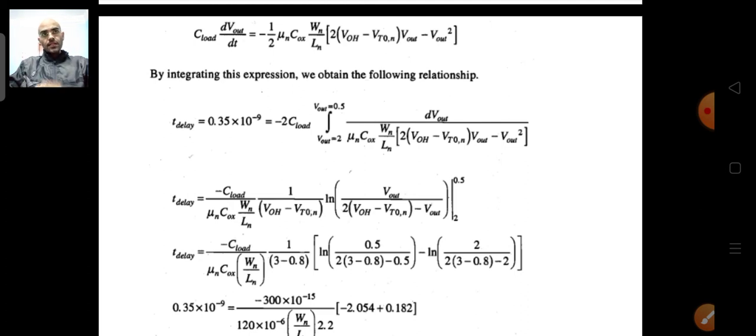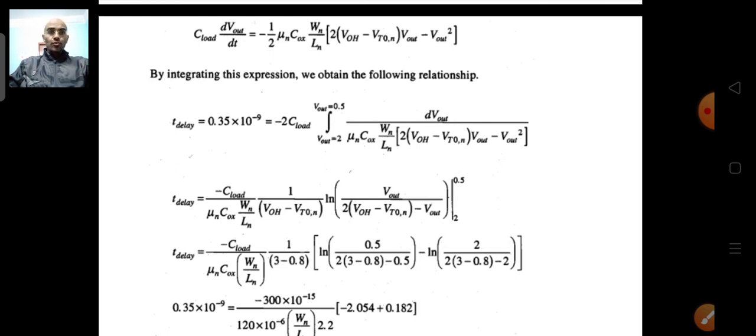VGS is the input voltage, an ideal input voltage, and you are assuming that it is going up to 3 volts. So 3 minus 0.8 gives you 2.2 volts. Up till 2.2 volts, the device will work in the saturation region, and from 2.2 volts onwards it will work in the linear region.